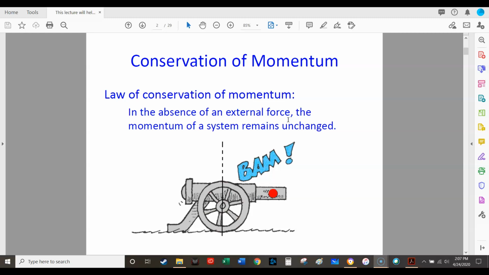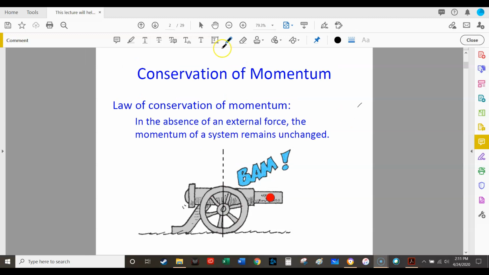And starting off with conservation of momentum. So the law of conservation of momentum basically is this. If there's no external force to a system, then the momentum within the system should remain unchanged. And so what does that mean? Well, let me get my tablet out. Let me go ahead and start with a little drawing here.